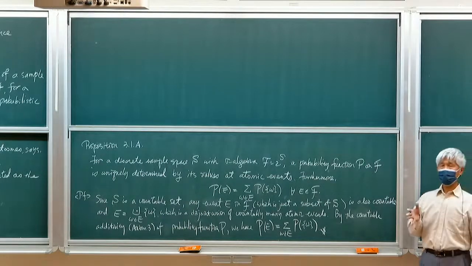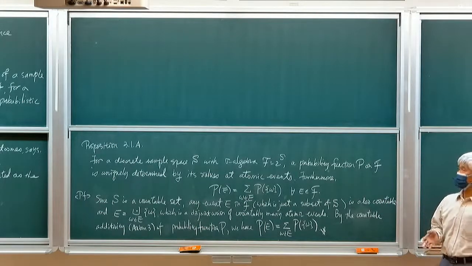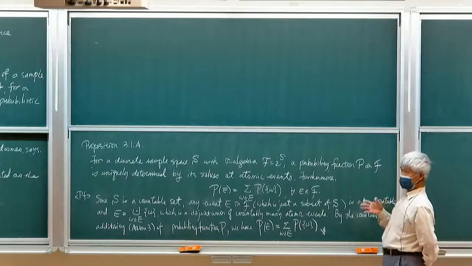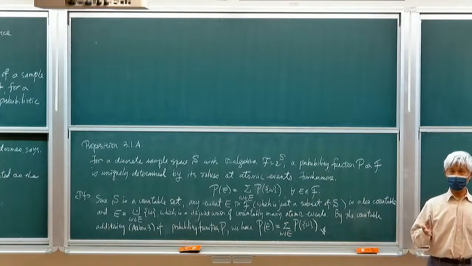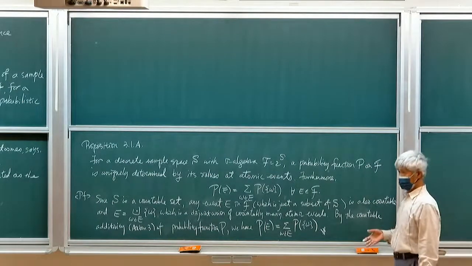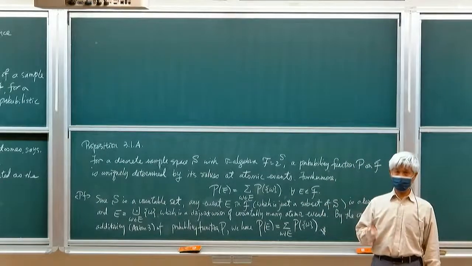Okay, so in chapter 2, section 5, we consider random experiments such that all outcomes are equally likely to occur.